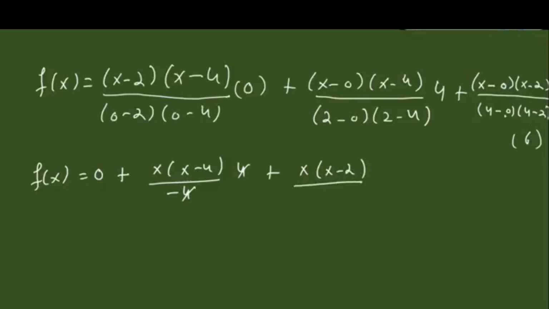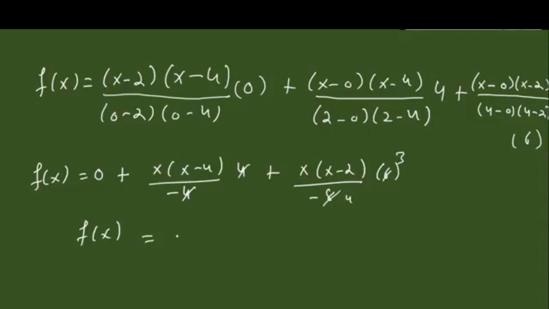This is a bracket. So 4 minus 0 is 4 and 4 minus 2 is 2, that is 8, and there is a 6 on top of this thing. So it will be cancelled out to a certain degree. That is 4, 3. Now you have to simplify the other terms.